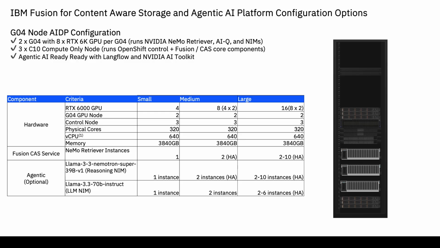These are meant as a starting guide. So we have the small, medium, large that allows you to go into the ordering system, use this small configuration to get started right away. Or you can go to one of the other sizes, but you can also customize it. So this is making it easy to get started on your Agentic AI journey, whether that's just preparing the data for use with AI agents or actually running the agents all in one inside of the platform as well.